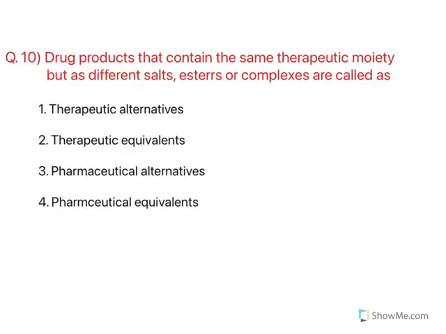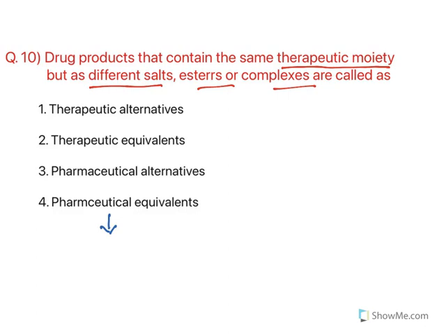Moving to the next one. Drug products that contain the same therapeutic moiety but different salts, esters or complexes are called as. But before getting into this, you need to understand what all the terms are. See, pharmaceutical equivalent. Understand this one.